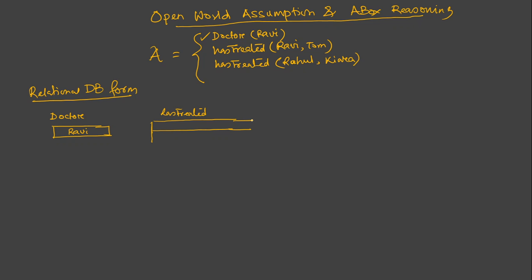The first column is the person who is treating, and the second column has the reference to the person or entity who is being treated. If we translate this into record form, Ravi is the first entry in the first column and Tom is the entry in the second column for the first record. For the second record, we can say Rahul has treated Kiara.